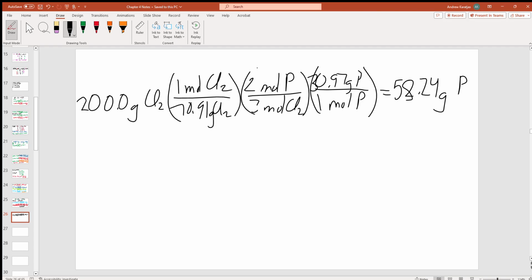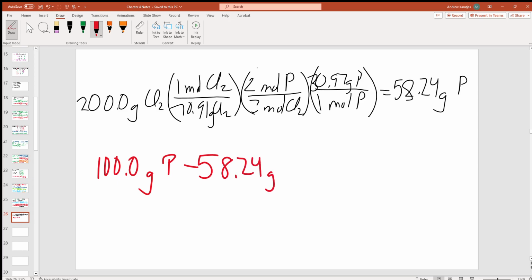So how much phosphorus is left over? Well, if we started with 100 grams of phosphorus and we use 58.24 grams of it, then what's left is 41.76 grams of phosphorus.